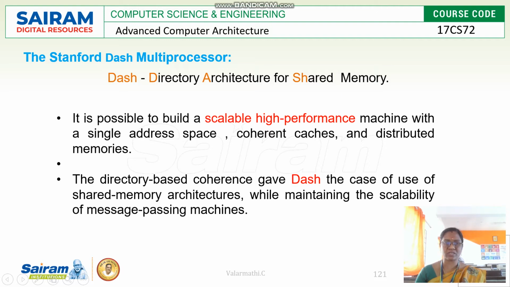So the features of Dash are that it is scalable, has a single address space with coherent caches, the memories are distributed memories, and a directory based protocol is used. From the name itself it is a directory architecture, no? So the directory based coherence scheme is implemented in this order.